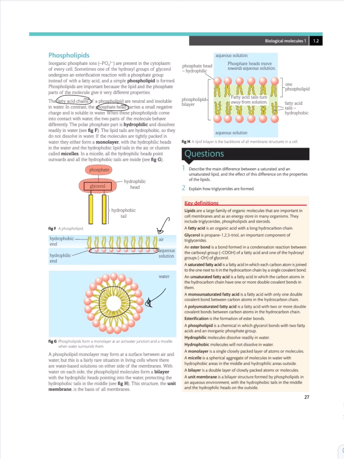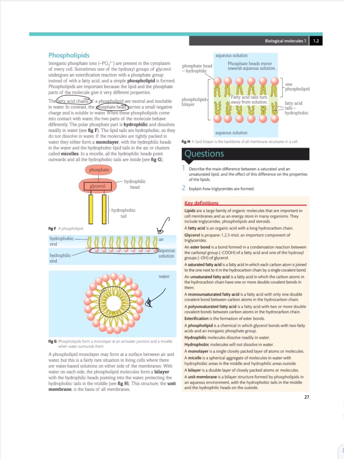They don't want to touch the water, they will not mix. So a phospholipid monolayer may form at a surface between air and water, but this is a fairly rare situation in living cells where there are water-based solutions on either side of the membranes.